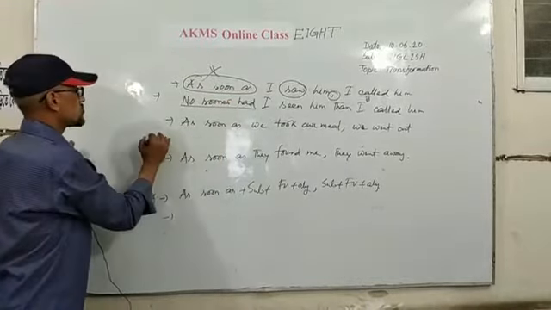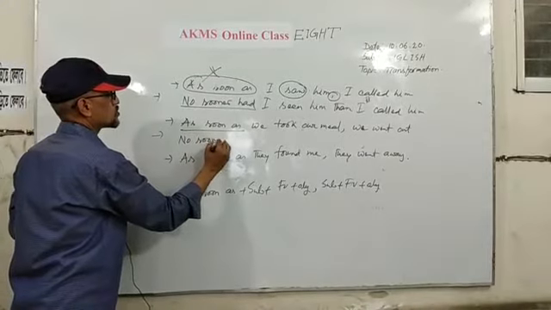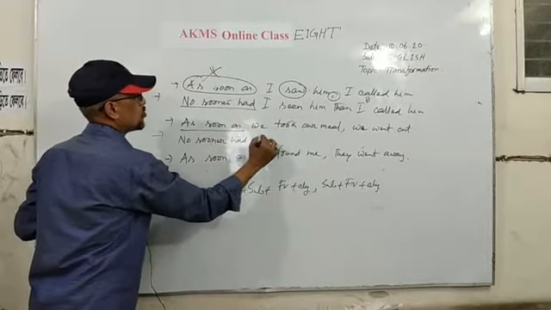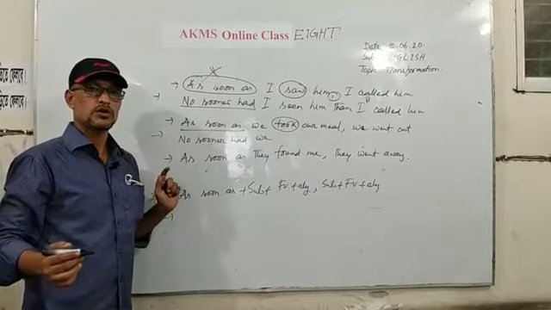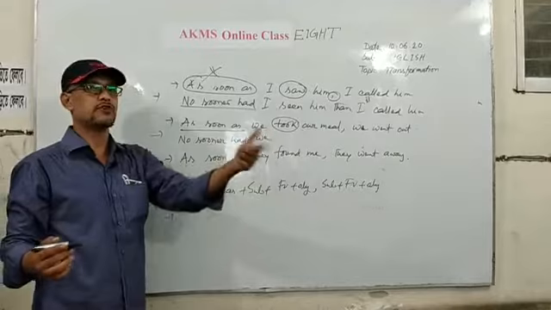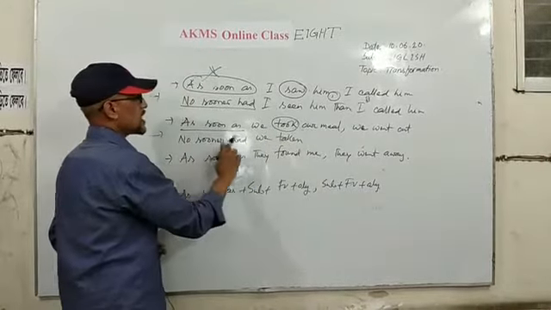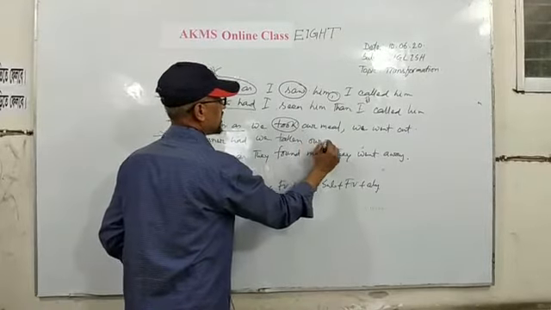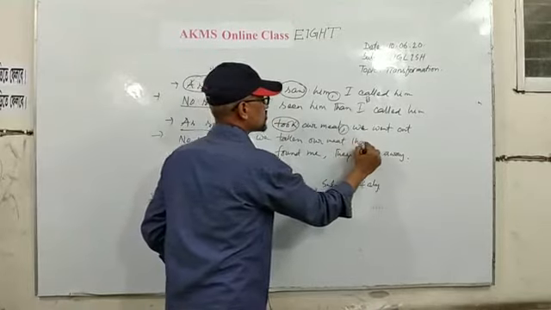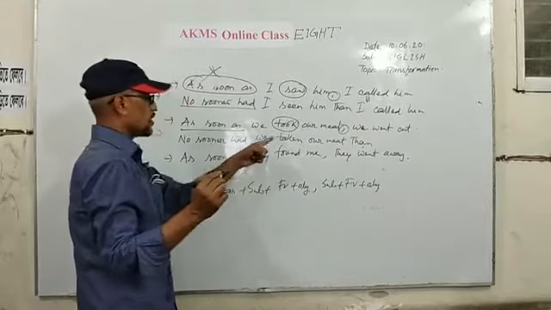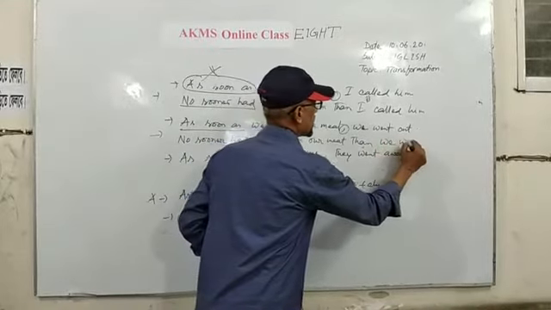So you should write "as soon as", you will write "no sooner had we". What is the past participle form of take? The past form is took, past participle taken. No sooner had we taken our meal, erase the comma and use "than". No sooner had we taken our meal than we went out.